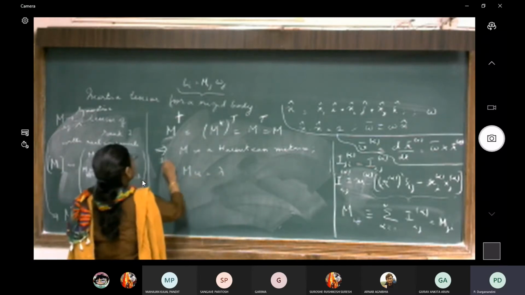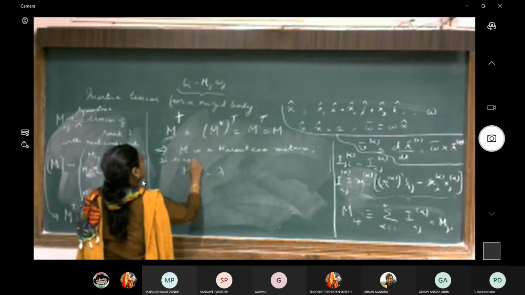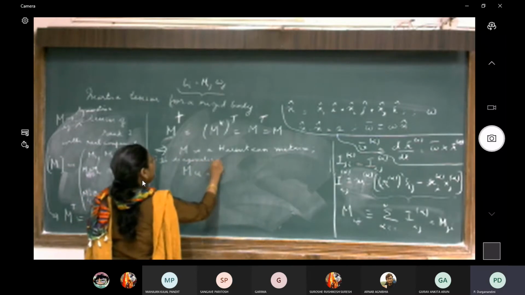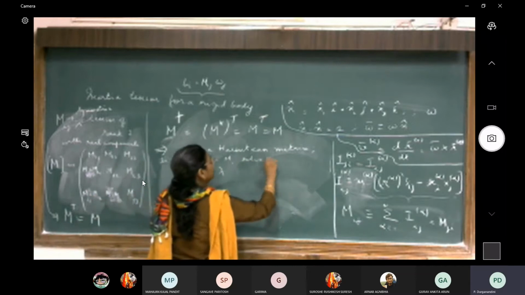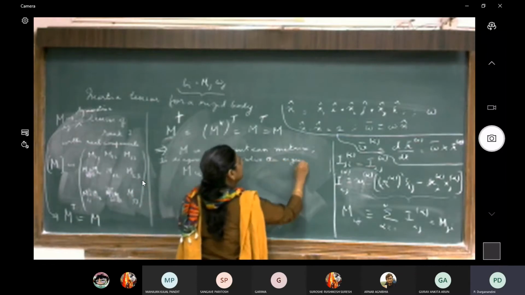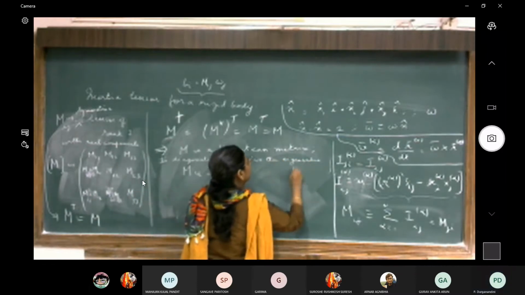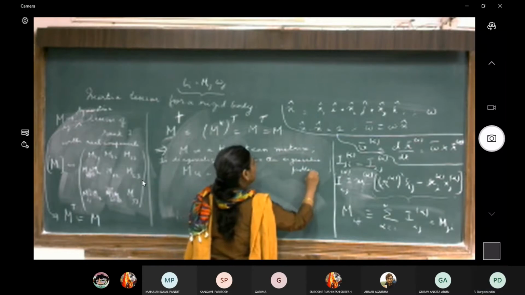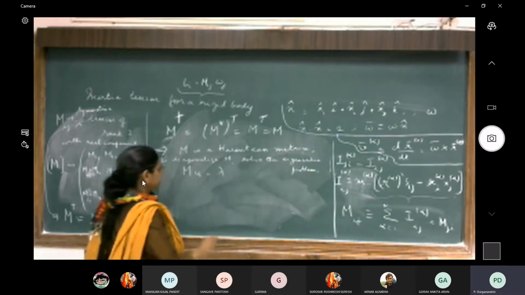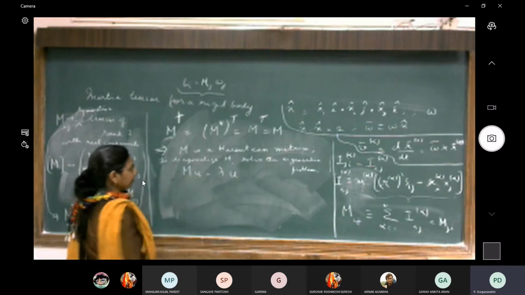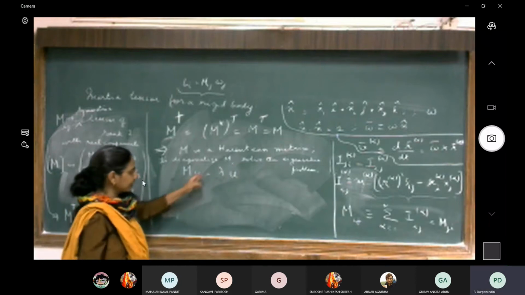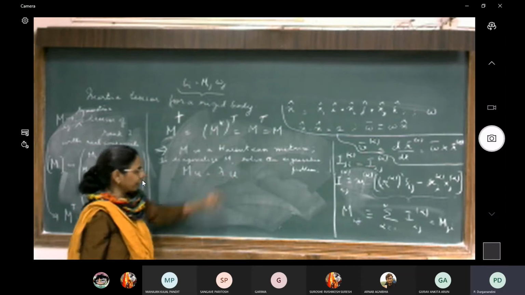So to diagonalize, I have to solve for the lambdas and I will get the corresponding eigenvectors.